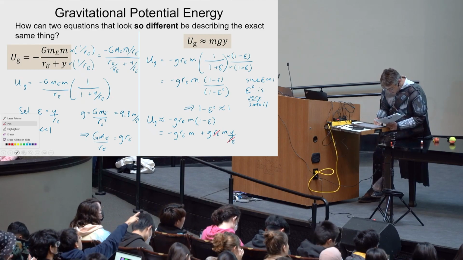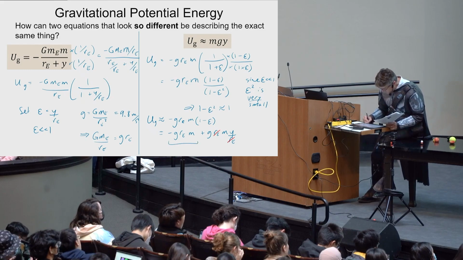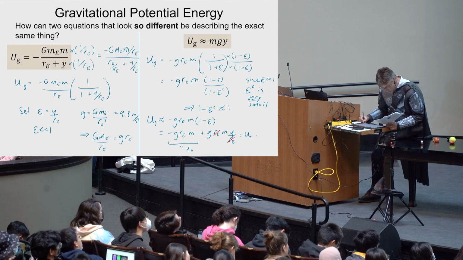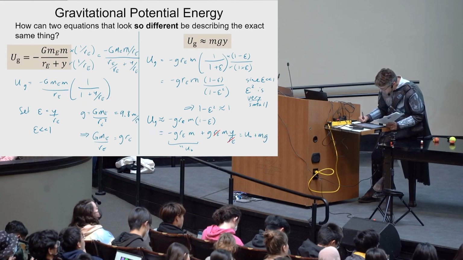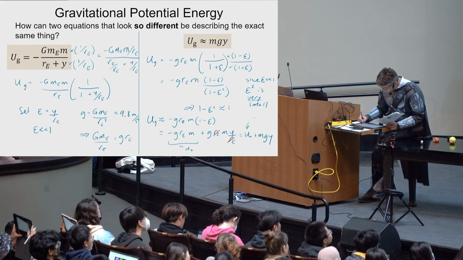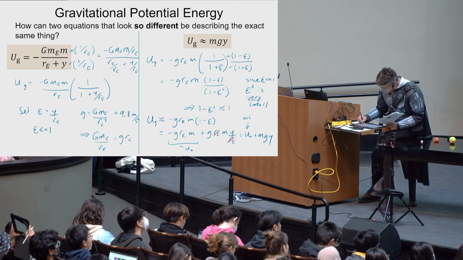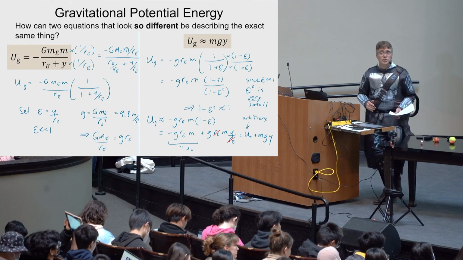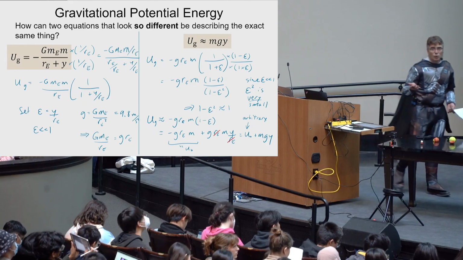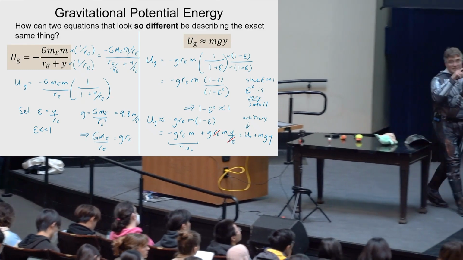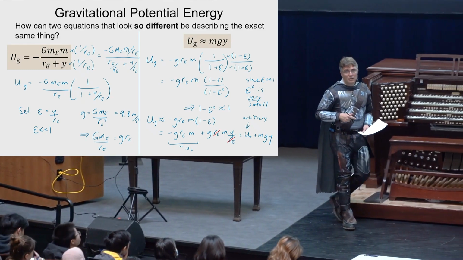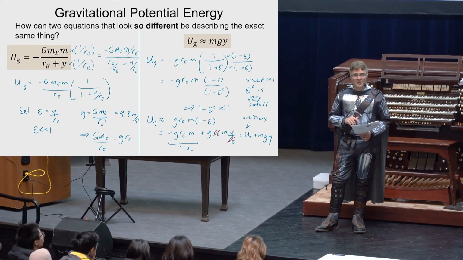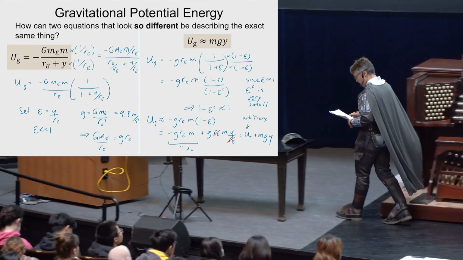And you can just set, if you want, equal to U sub 0, some arbitrary zero point, plus mgy. Arbitrary. So if you're ever using the change in gravitational potential energy, it turns out mg times y is the exact same thing as negative capital G times M m over r. They seem very different, don't they? But one's an approximation of the other.